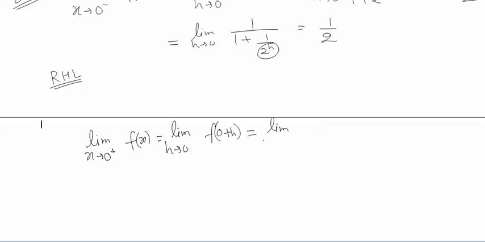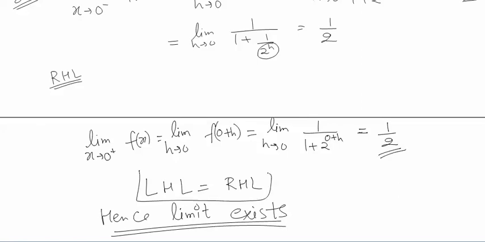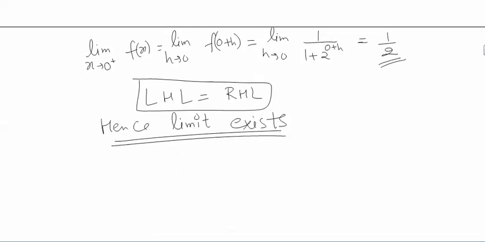So it is limit h tends to 0 of 1 upon 1 plus 2 raised to 0 plus h, and if I substitute the limit here, 2 raised to 0 will be 1, and 1 upon 1 plus 1 will become 1 by 2 only. So we can say that LHL is equal to RHL, hence the limit exists. Clear? This is how sometimes questions can be asked to justify this particular thing.